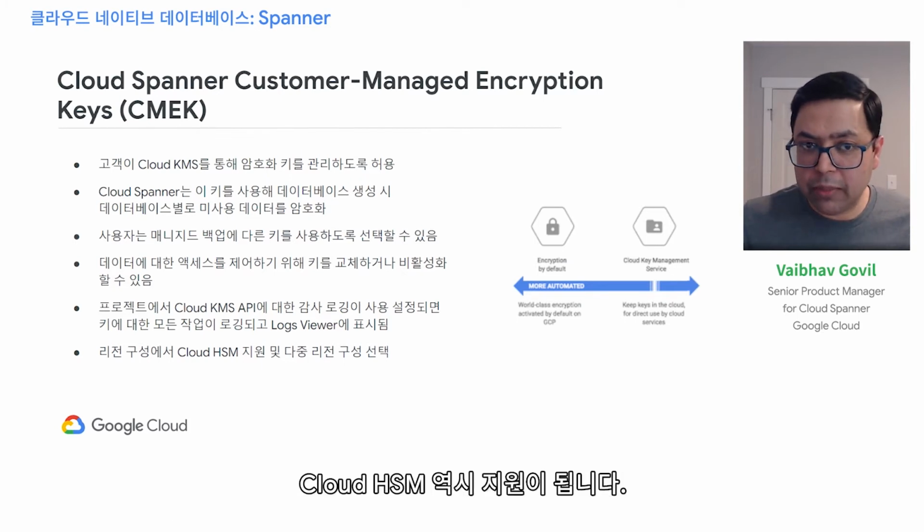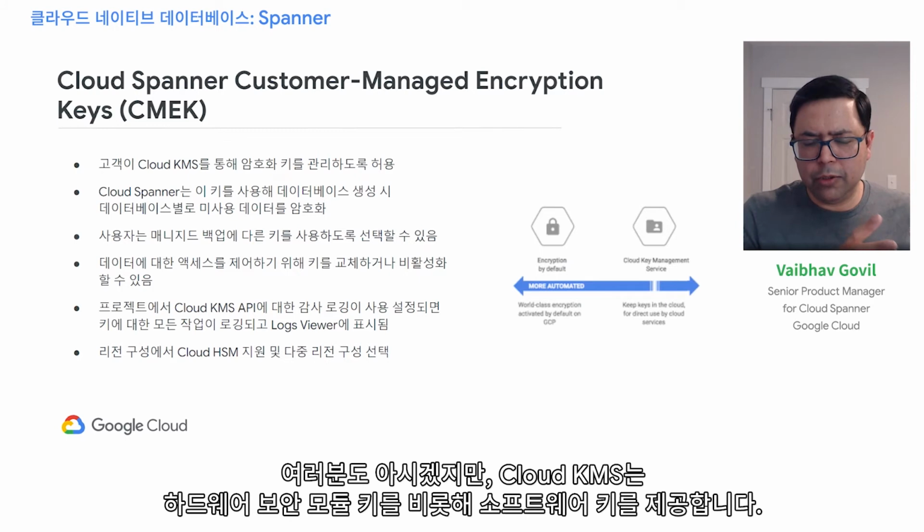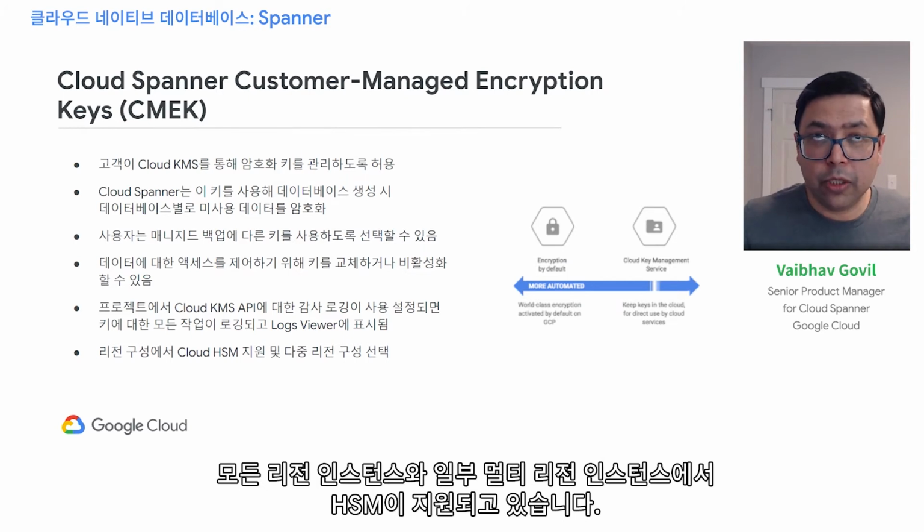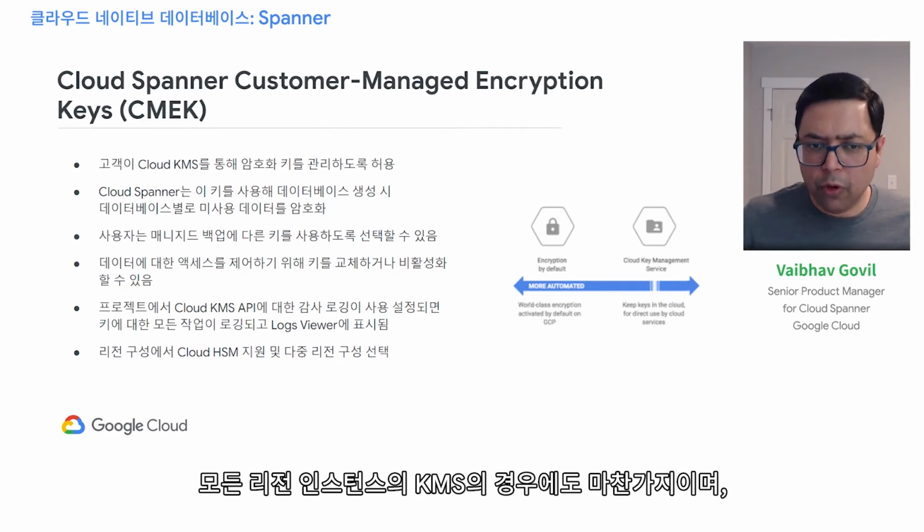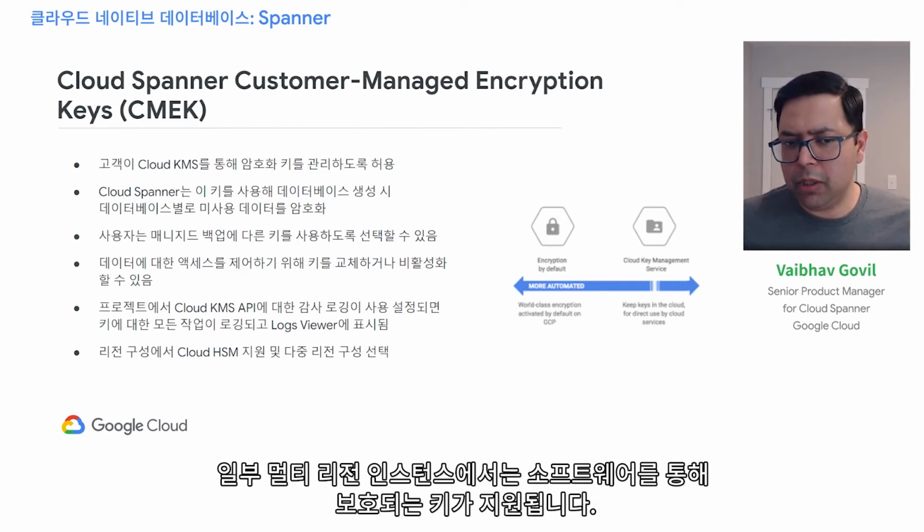And Cloud HSM support is also there. As you know, Cloud KMS provides software keys as well as hardware security module keys. HSM support is available for all regional instances and for select multi-regional instances. Same thing for KMS: for all regional instances, and software protected key support is available for select multi-regional instances.